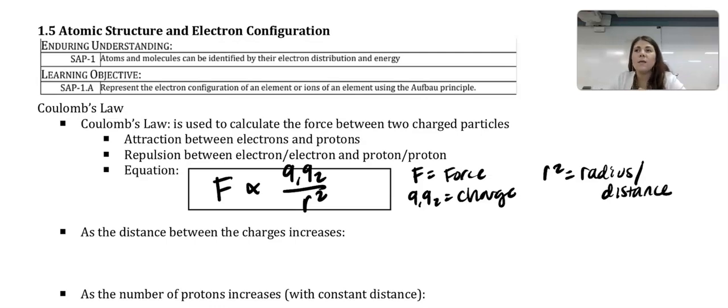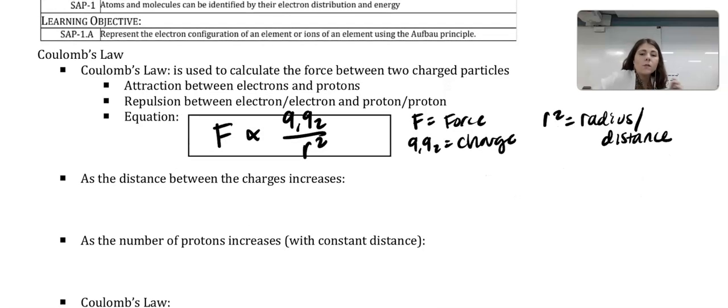Coulomb's law also helps us understand that when we talk about things being attracted, we're talking about electrons and protons. When we're talking about things repelling, we're talking about an electron with an electron or a proton with a proton. Think about a magnet when we talk about Coulomb's law.